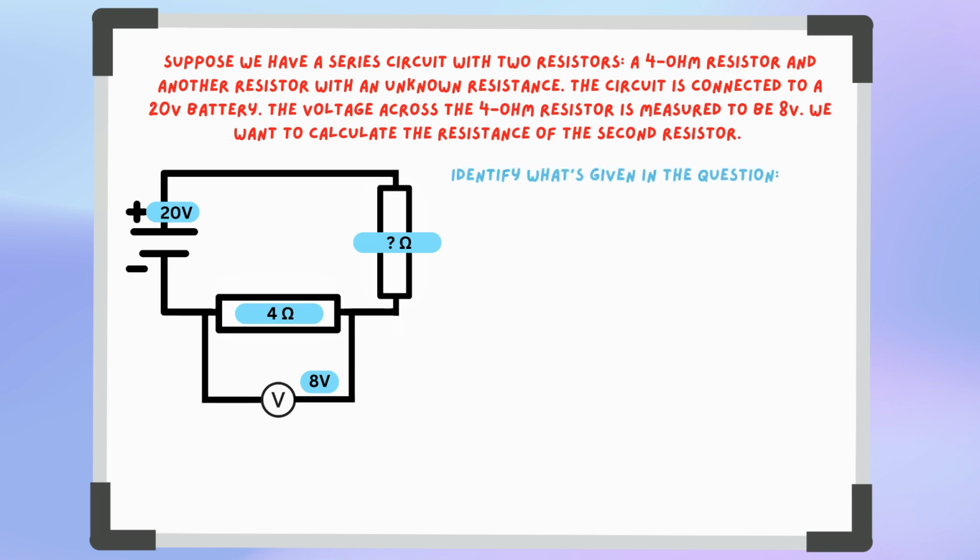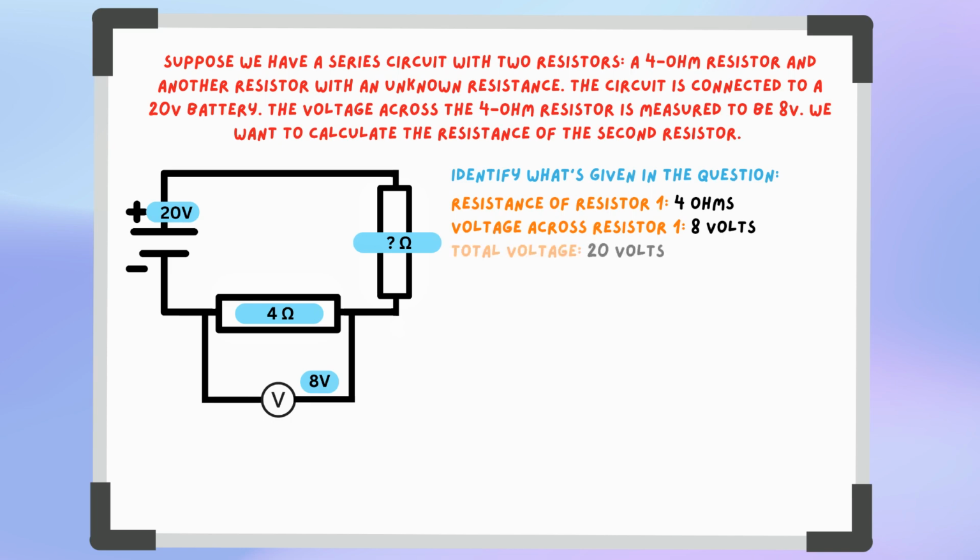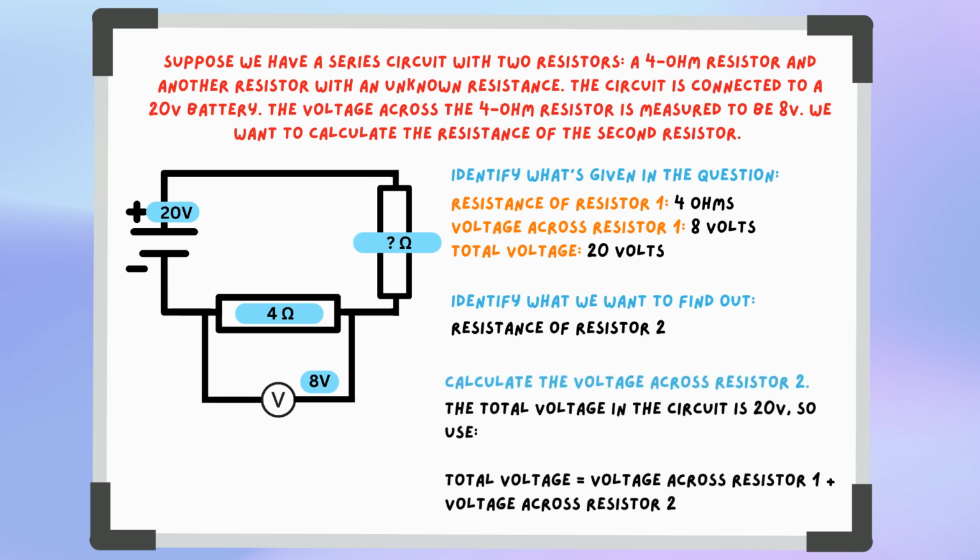Firstly, identify what's given. The resistance of resistor 1 is 4 ohms, the voltage across resistor 1 is 8 volts, and the total voltage from the battery is 20 volts. Next, identify what we need to find, which is the resistance of resistor 2. Then we calculate the voltage across resistor 2.